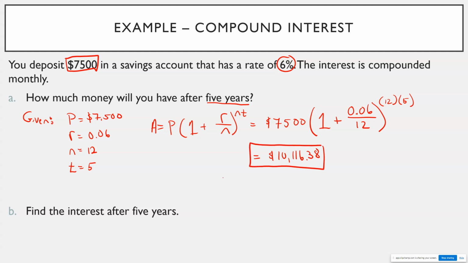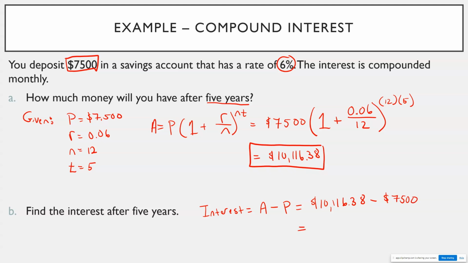Okay, so the next thing it says is, how much were you paid in interest after the 5 years? Well, if I just want to figure out how much interest I have, you're going to take the future amount that you have and subtract the principal, how much you initially deposited. So I'm going to take $10,116.38, and I'm going to subtract away $7,500.